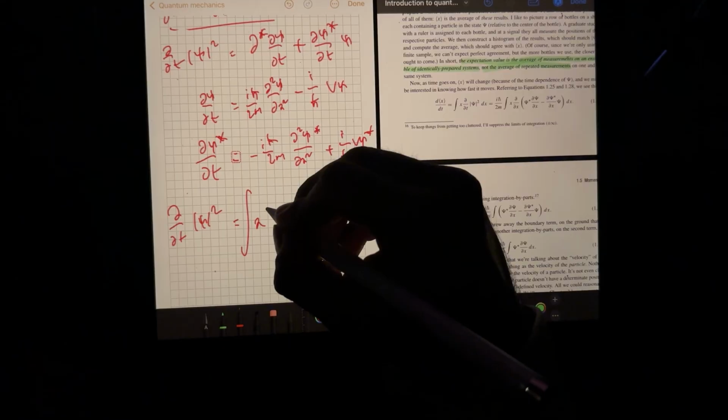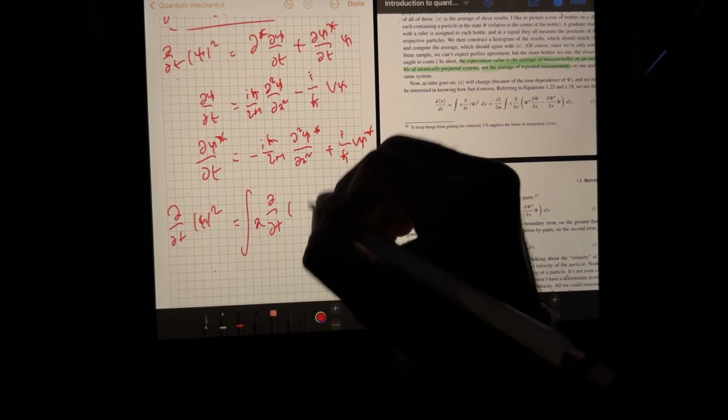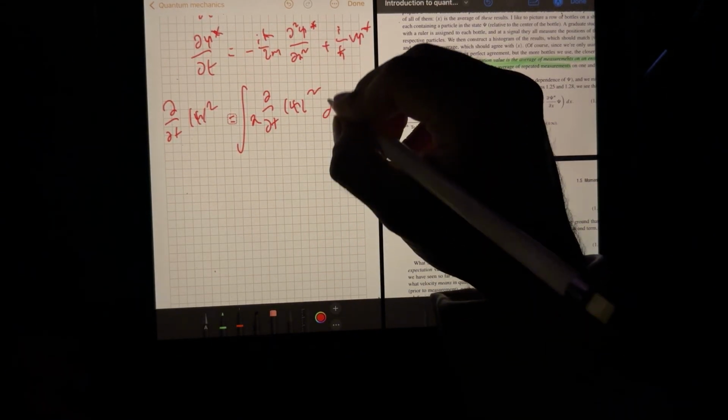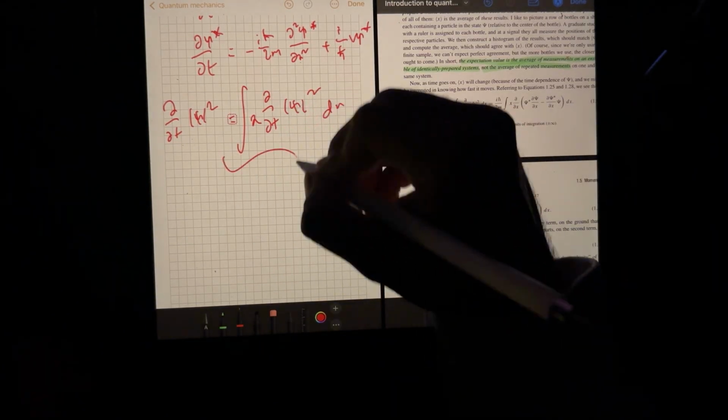And so if I apply the same thing again here, ∂/∂t of |psi|^2, then I would have the integral of x ∂/∂t |psi|^2 dx, because this is the simple equation of d expectation value of x by dt.